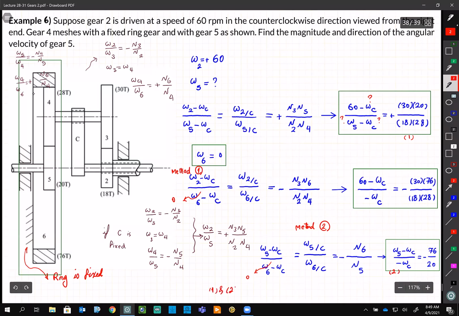Solve them together, you will find omega C and omega 5. Please try both methods and you will find the same answers, right? And both are correct, equally correct. Of course, method 2 is a little more headache, right? Because method 1 gives you omega C straight and then you're done. When you solve with 2 methods, you might get a little plus or minus 0 point something, which is okay with gears.